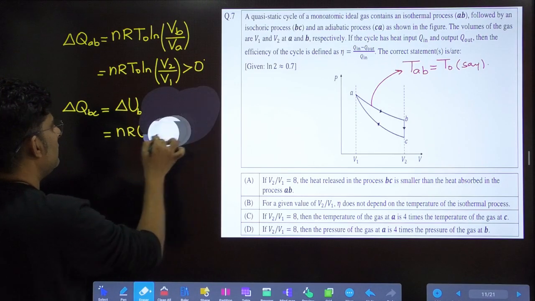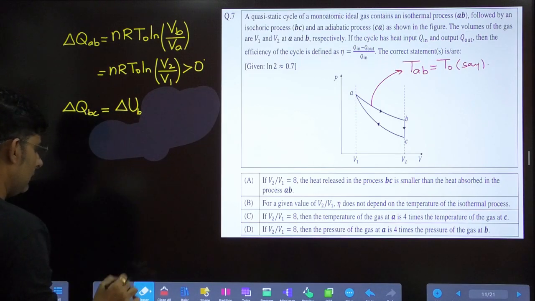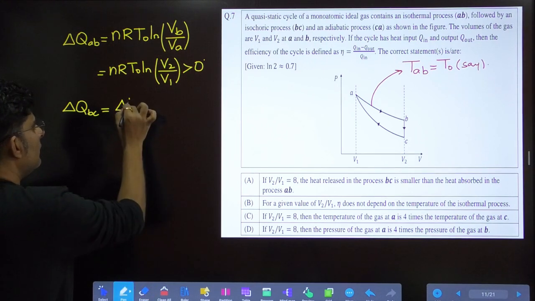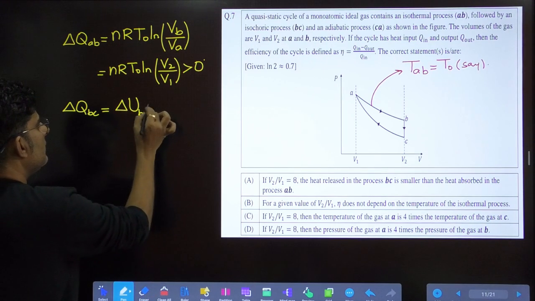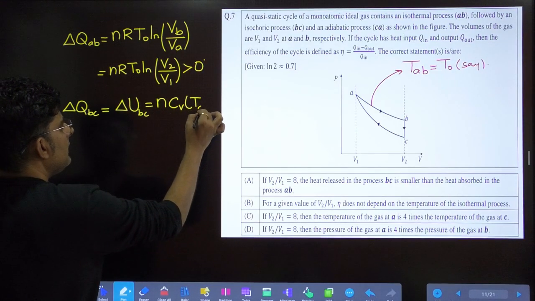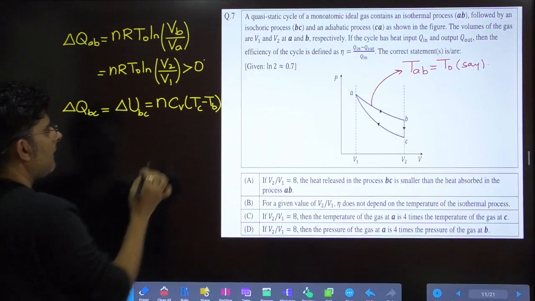We are writing delta U_B, not the work done. So delta U_BC will be nC_V(T_C − T_B).